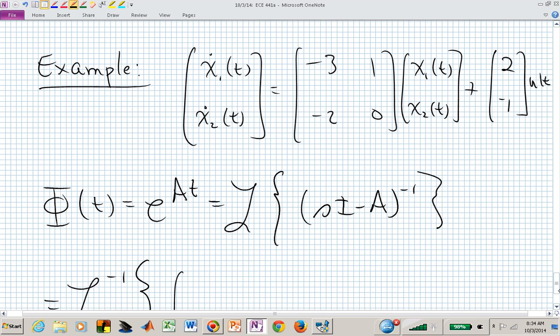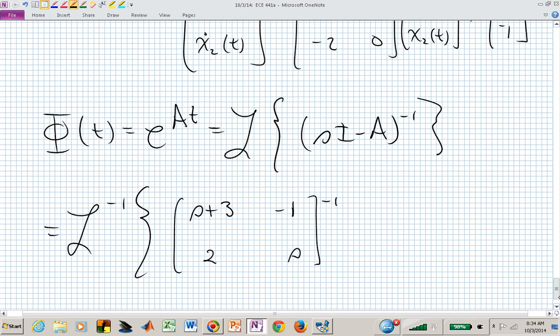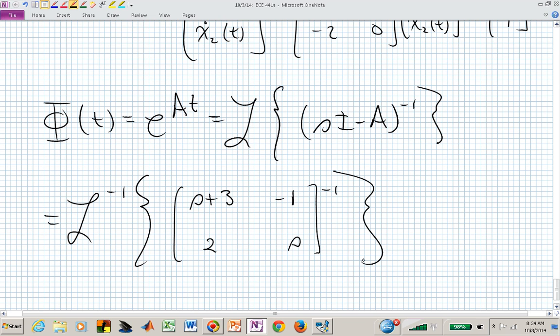So that sI minus A as a matrix is now s plus 3. In the 1, 2 entry, I subtract 1. In the 2, 1 entry, I subtract -2. And in the 2, 2 entry, I have s minus 0. I need to invert that matrix symbolically before I can inverse Laplace transform that.